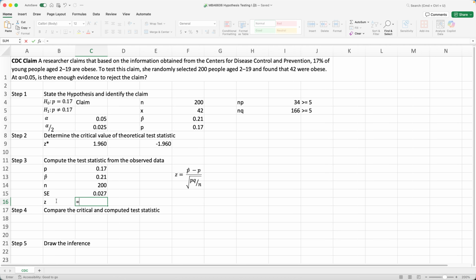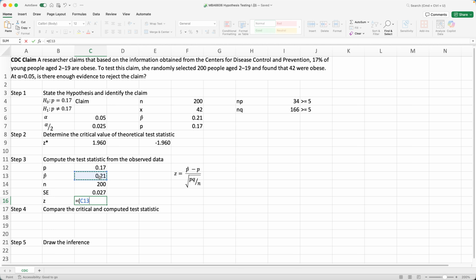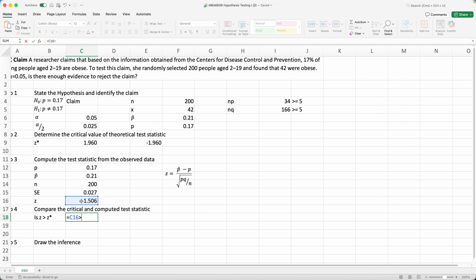Z will be P hat minus P divided by standard error, which is 1.506. Is Z greater than Z star?